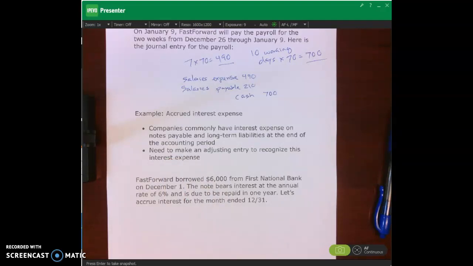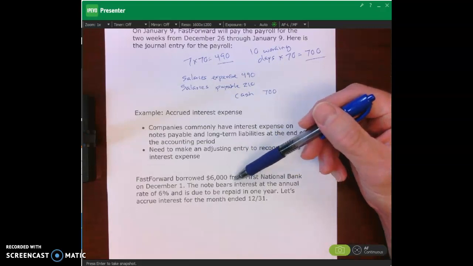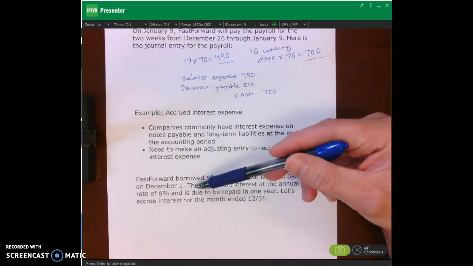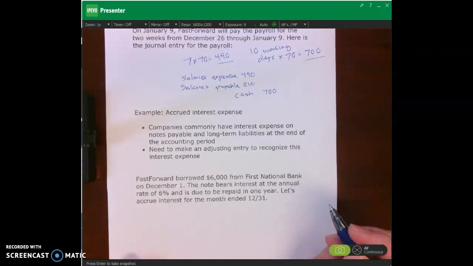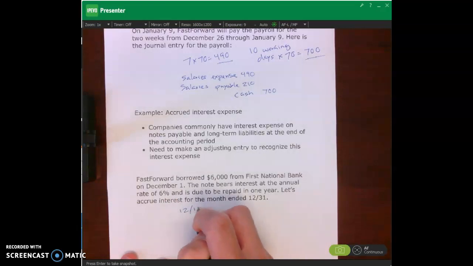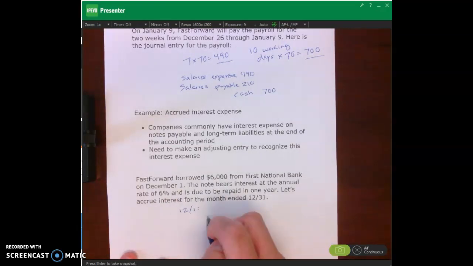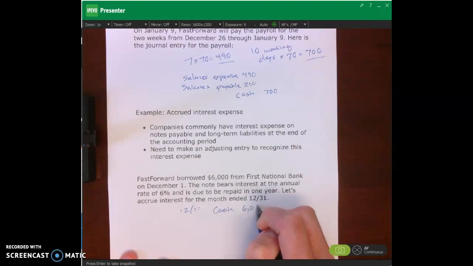So if we look at this example, our company borrowed $6,000 from First National Bank on December 1st. On 12/1, they borrowed money. So what do we get? We get cash. We debited cash for $6,000.